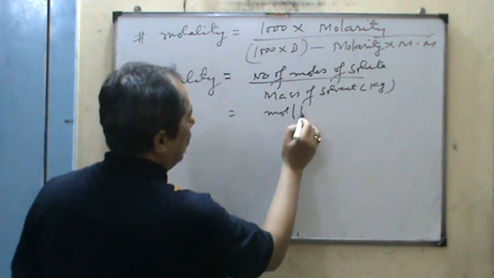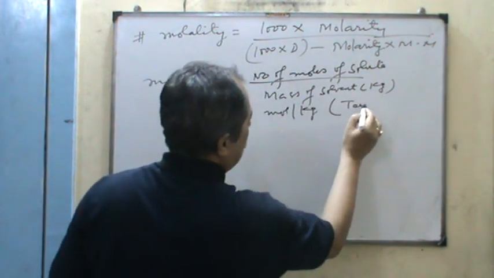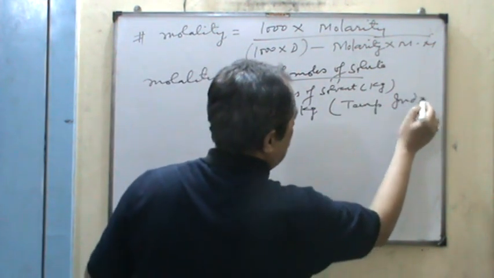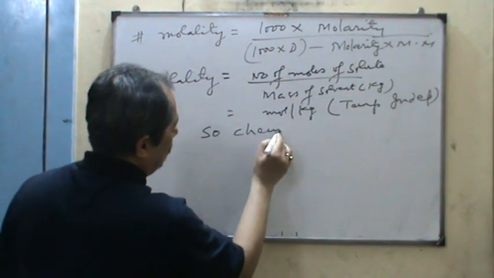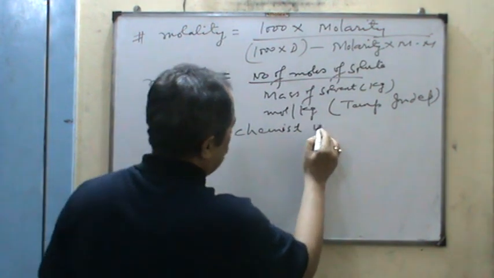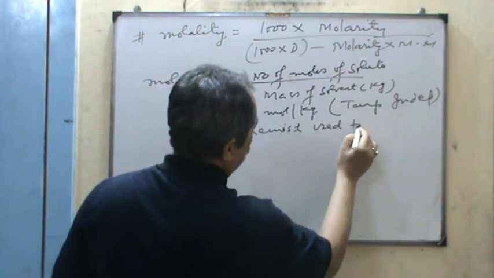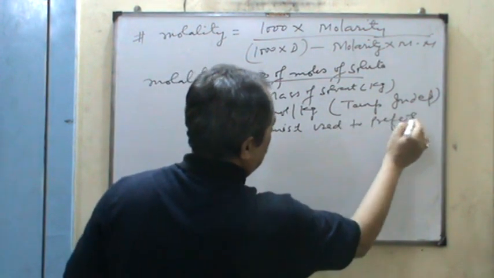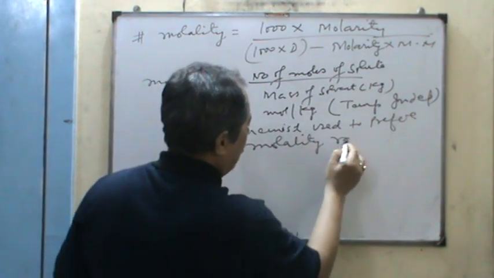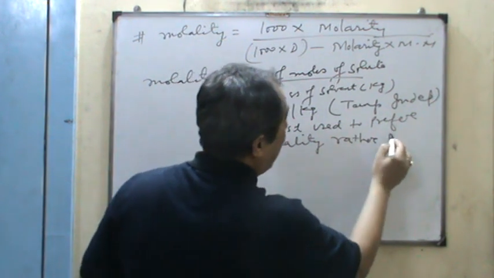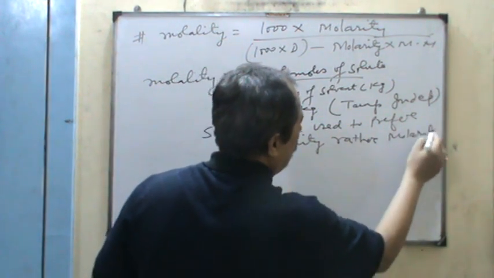Mole per kg, and it is very much temperature independent. So chemists prefer molality rather than molarity. Is it clear to you?